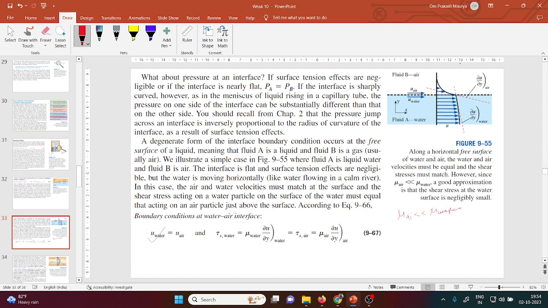So it means what? If the mu is less, the upper layer, let's say the layer where air flows, will try to reduce the velocity less as compared to the water layer.